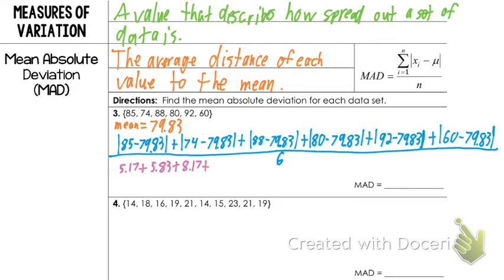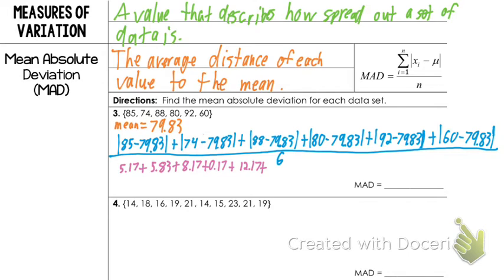Plus 80 minus 79.83, which is 0.17. Plus the next one, 92 minus 79.83. 12.17. Then the last one, 60 minus 79.83.